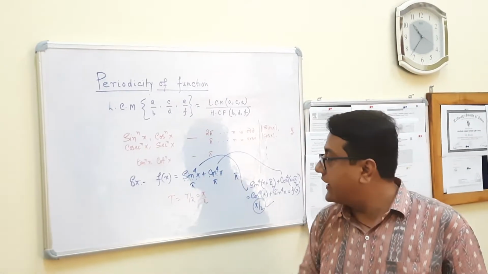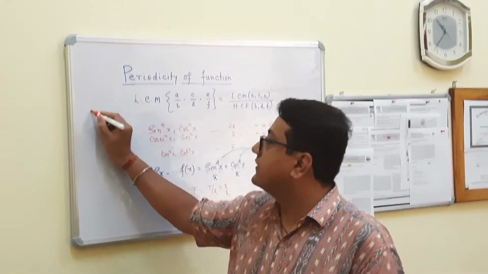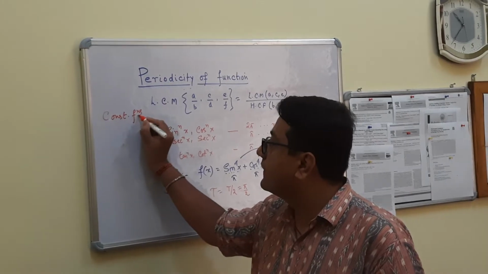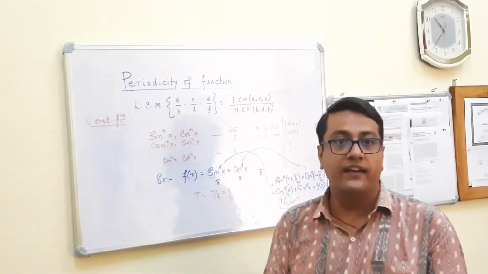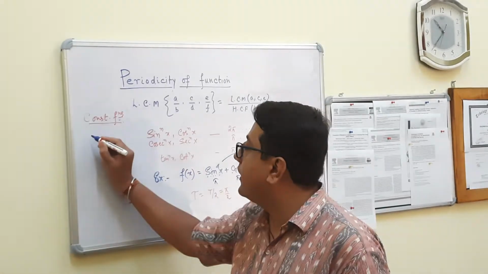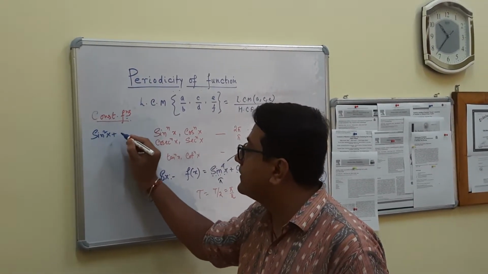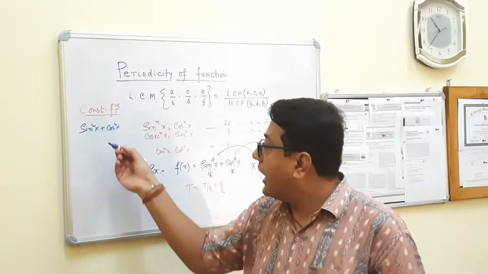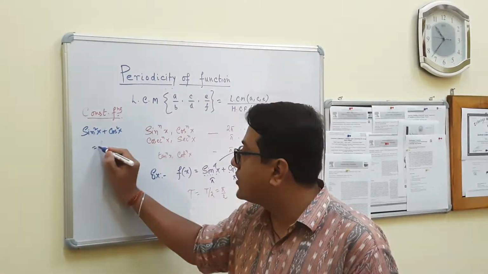Now one more thing: are constant functions periodic? The answer is that constant functions are also periodic. If I have sin square x plus cos square x, this is a trigonometric identity and its value comes out to be 1.